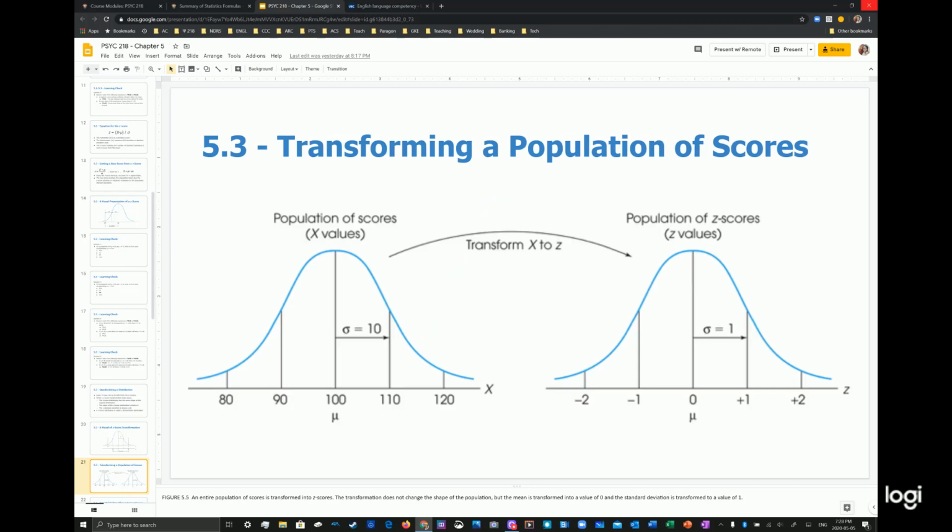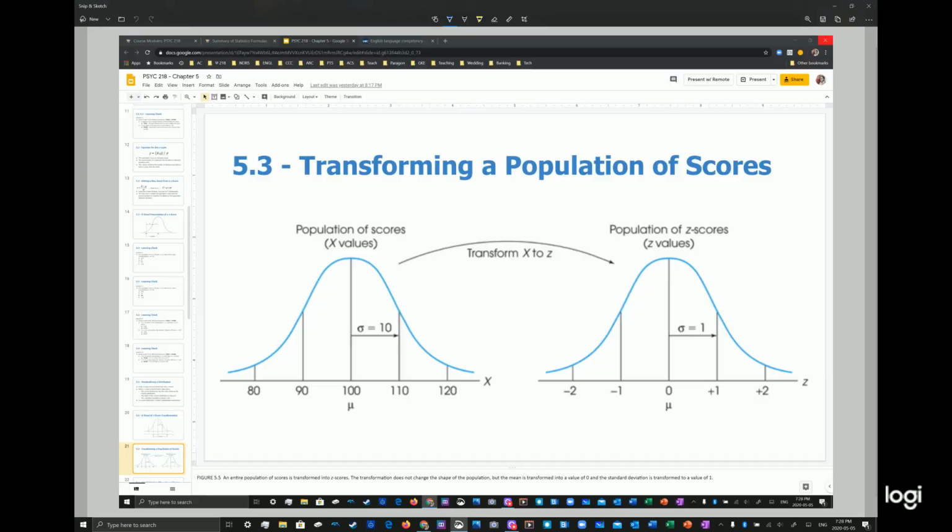Here's another picture showing you the before and after if you're transforming x's into z's. Here you see the mu is 100 and the standard deviation is 10. Because we're transforming all the scores in the distribution, I'm going to shade all this. These are x's, x1, x2, x3, and so on.